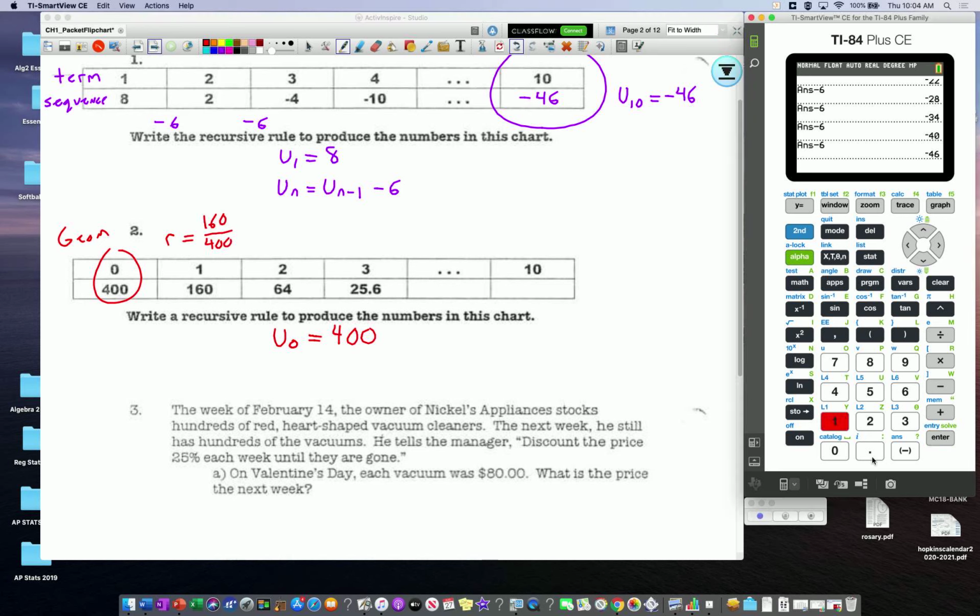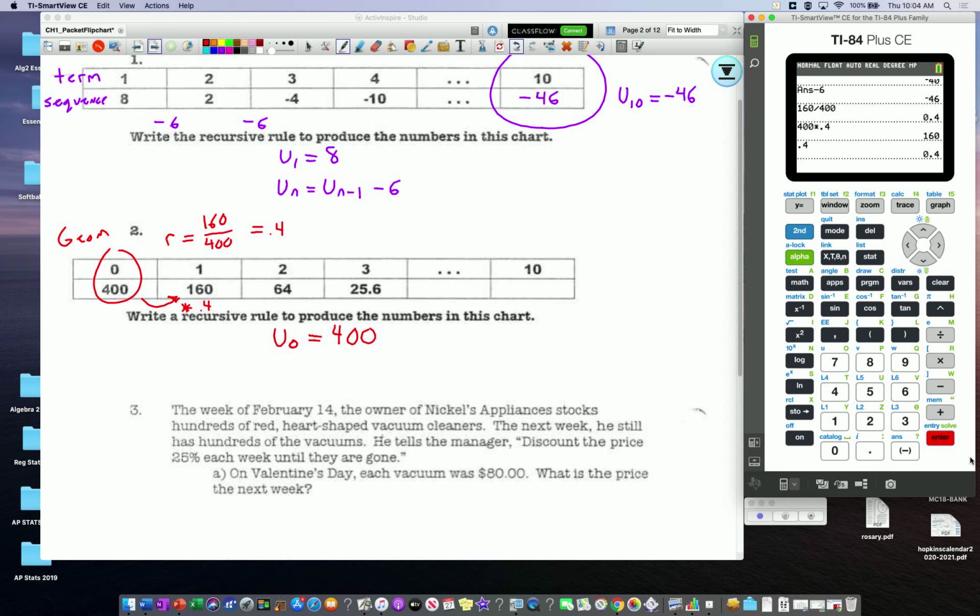Let's use our calculator. 160 divided by 400 is 0.4. So let's see, if I multiply by 0.4, am I getting the next term each and every time? 400 times 0.4 does give me 160, times 0.4.